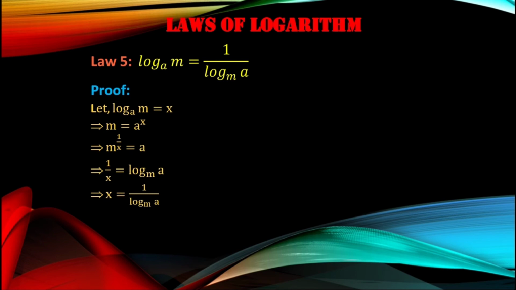If we just interchange the positions, cross multiplying these two, x goes to the right hand side and log comes to the left hand side, we get x equal to 1 by log of a to the base of m. And what have we substituted x for? It is nothing but log of m to the base of a. So log of m to the base of a equals 1 by log of a to the base of m.